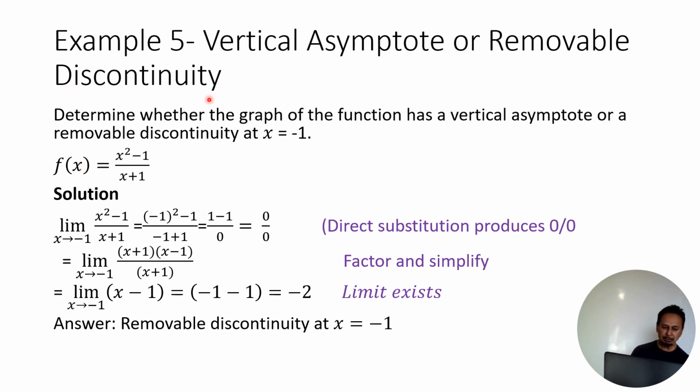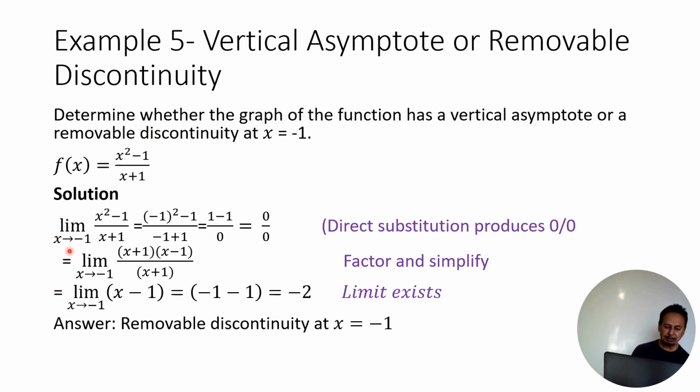Example 5. Let's determine whether the graph of the function has a vertical asymptote or a removable discontinuity at x equals minus 1. Here's the function f of x equals x squared minus 1 over x plus 1. All I have to do is take the limit of this function at x equals minus 1.